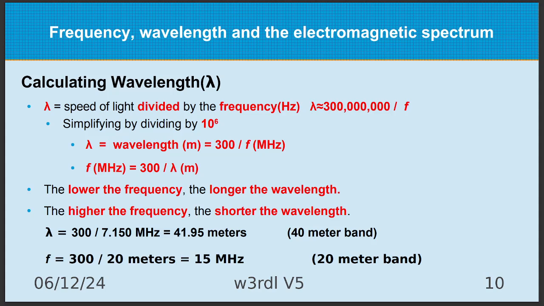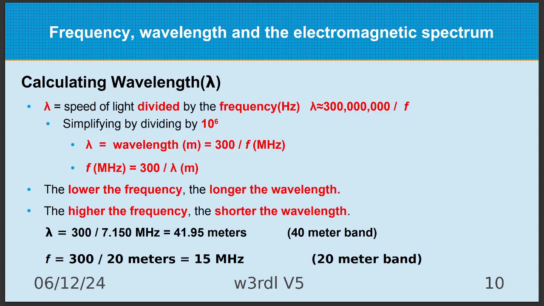So when you look at this, you're looking at 300 divided by 7.150, and it gives you 41.95 meters, which is in the 40 meter band. To go the other way, if you have the wavelength but want to figure out the frequency, frequency will be equal to 300 divided by the wavelength in meters.